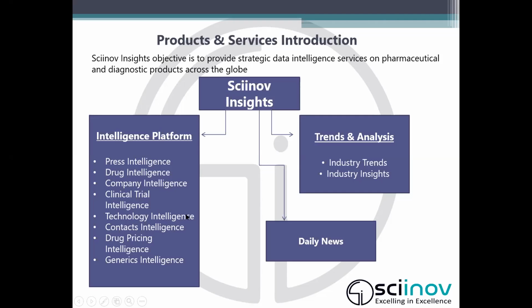And again, generic intelligence, like what generics are available for the branded drugs. So industry trends, as I said, have predetermined selected topics. Also in the industry insights, whether it is a regulatory insight or indication based insights, we are offering those as well.